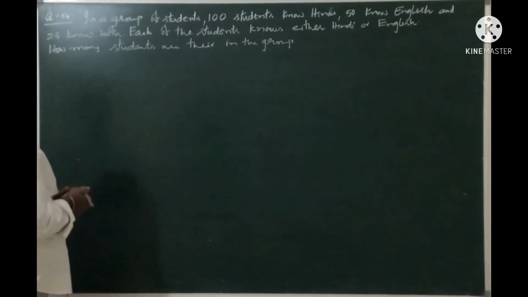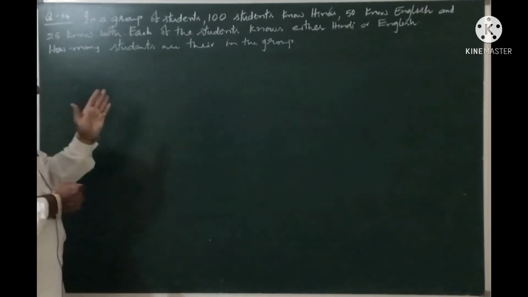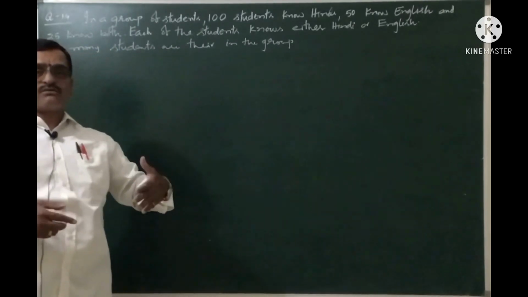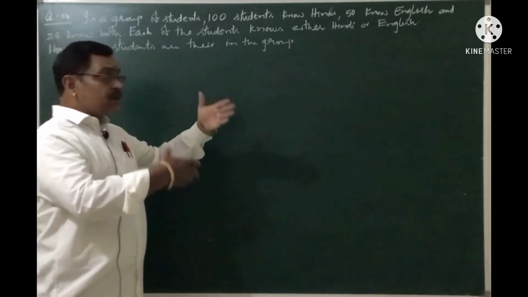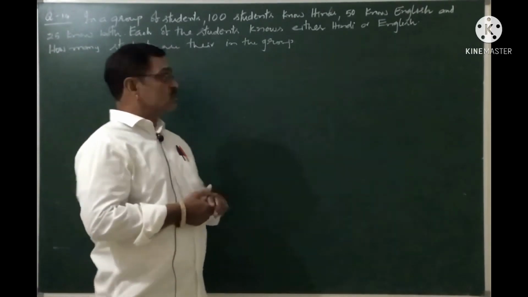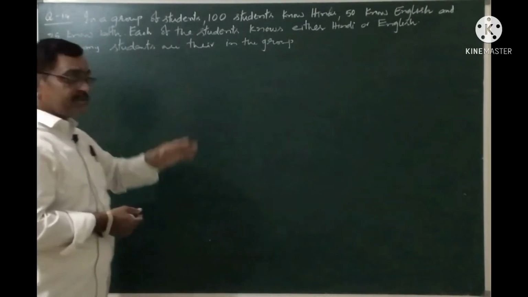Next question is, in a group of students, 100 students know Hindi, so 100 students belong to one subject. 50 know English, so 50 belong to another subject group. And 25 know both of them.